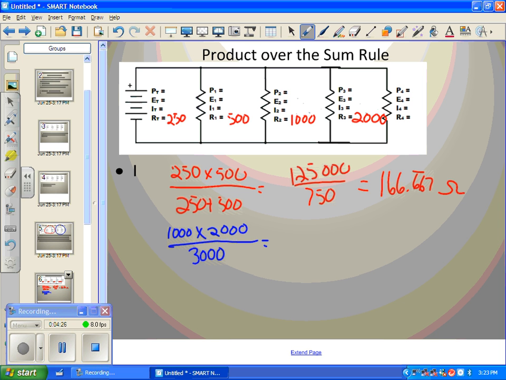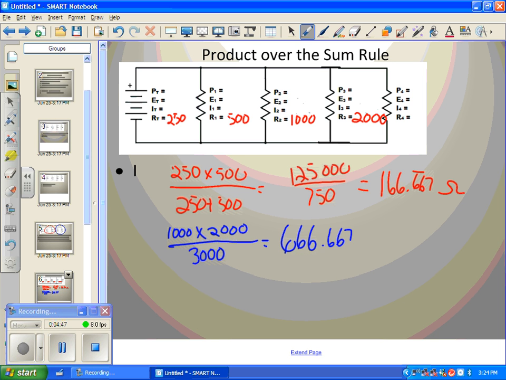Let me try that again. Maybe I made a mistake. Times 2, 1, 2, 3 is equal to a big number divided by 3,000. And we get 666.66667.